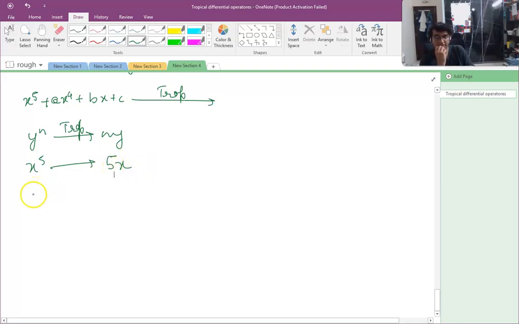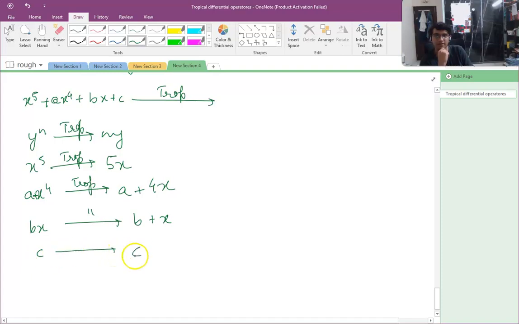I'm going to do the same for the others. So a x to the power of 4 takes you to a plus, converting multiplication between these two into addition, and x to the power of 4 under tropicalization becomes 4x. Similarly, bx becomes b plus x, and c remains as c.